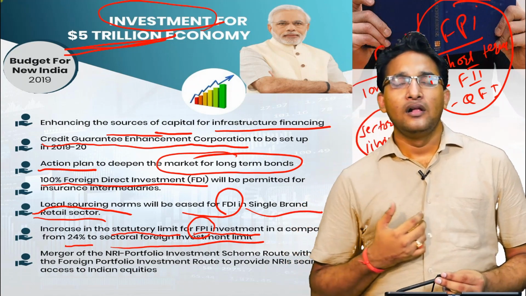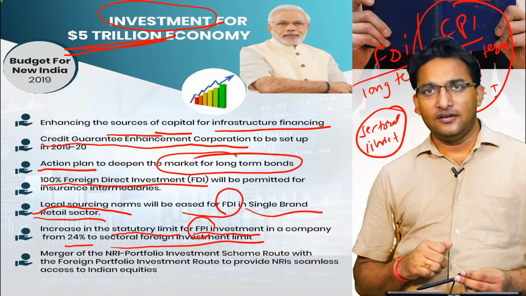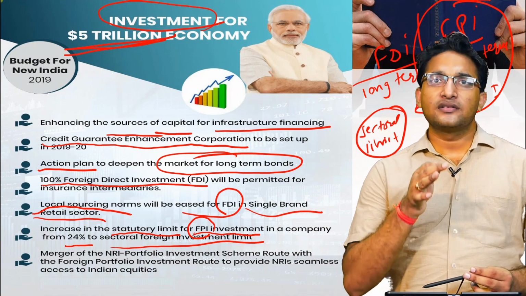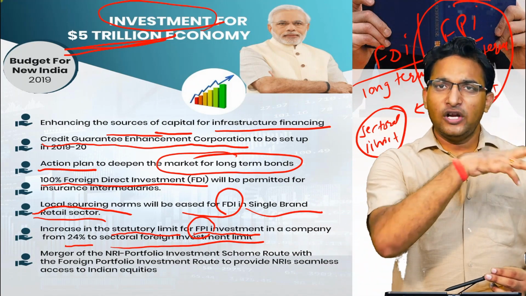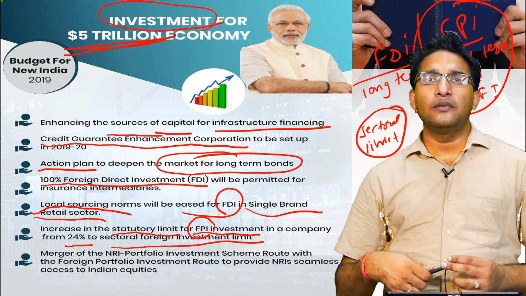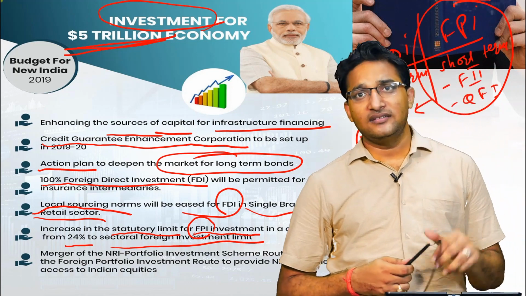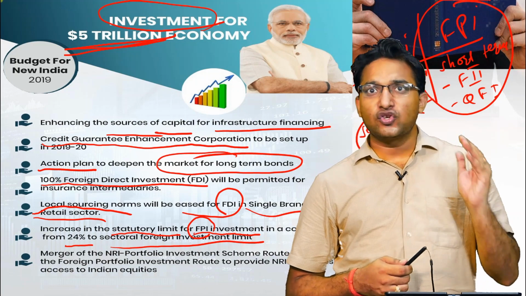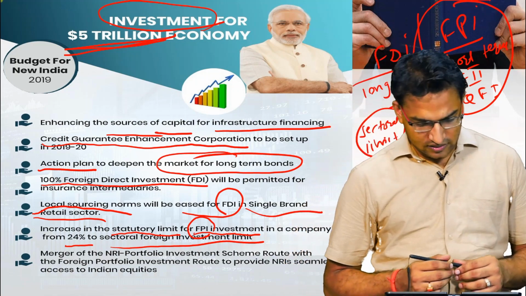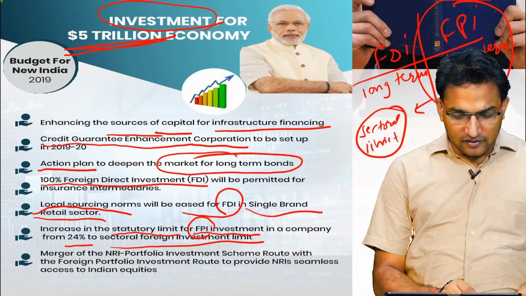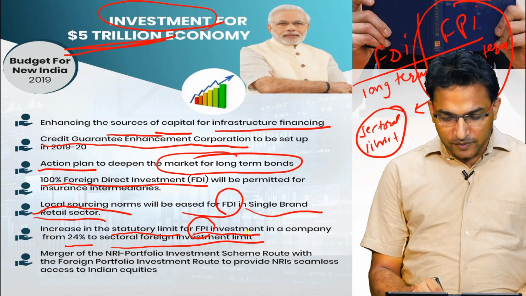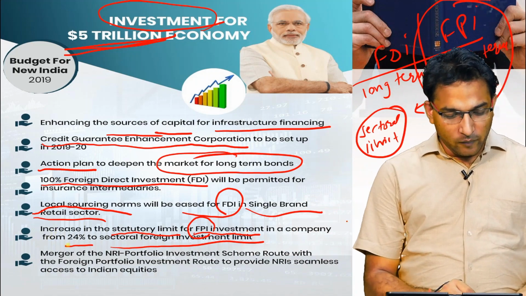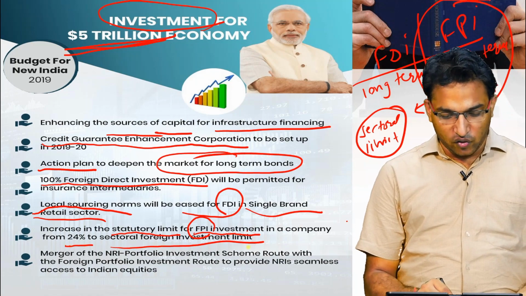So for example, in the e-commerce sector, if the sectoral limit is say 74%, then any foreign player can hold a maximum of 74% in that sector. That is a sectoral limit, and that is a statutory limit of that particular sector. So what we are saying here is increase the statutory limit for FPI investment in a company from 24% to the sectoral foreign investment limit.